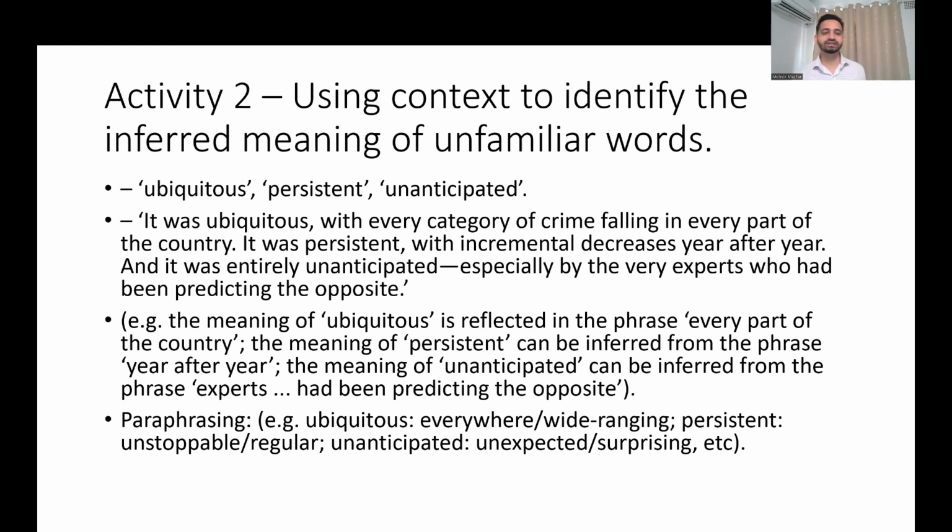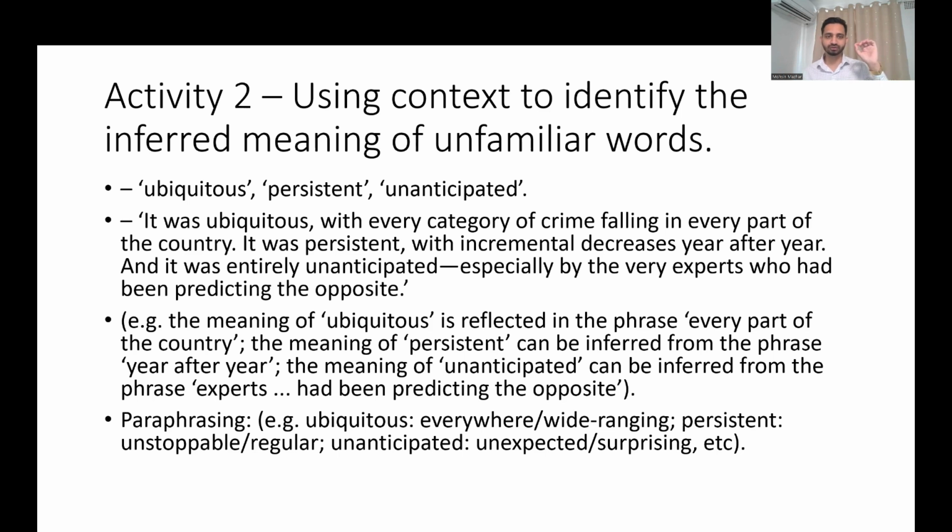So let's just look at these words: ubiquitous, persistent, and unanticipated. It was ubiquitous, with every category of crime falling in every part of the country. There are a few words here, so I'm going to read the whole paragraph to look at these three specific words, and how I'm going to understand them if I don't know the meaning.